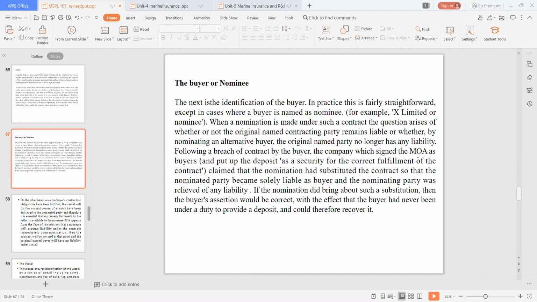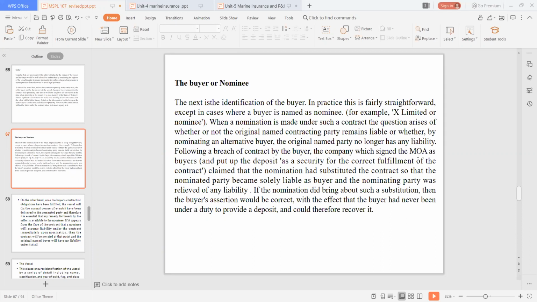Following a breach of contract by the buyer, the company which signed the MOA as buyers and put up the deposit and security for the correct fulfillment of the contract claimed that the nomination had substituted the contract, so that the nominated party became solely liable as a buyer and the nominating party was relieved from any liability. If the nomination didn't bring about such substitution, then the buyer's assertion would be correct, with the effect that the buyer had never been under liability and could therefore recover the deposit.